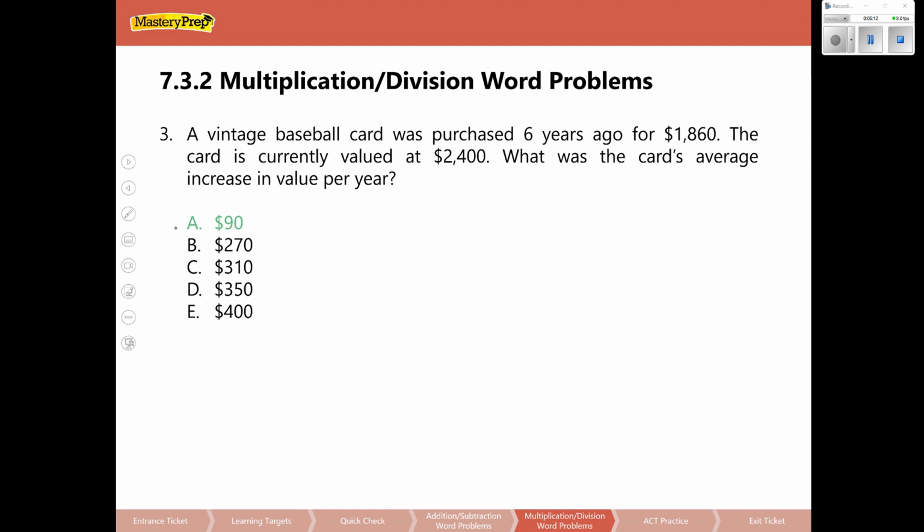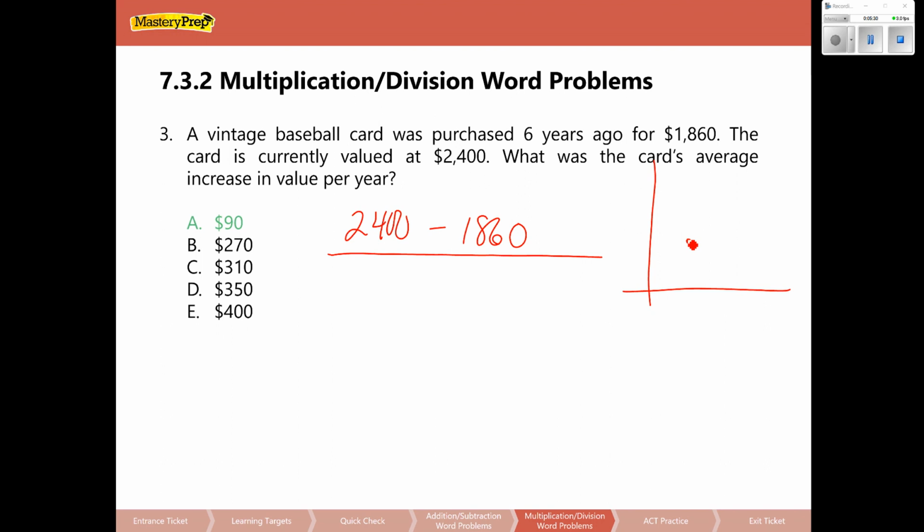Now, this is really just a change in slope. So our new value minus the old value, because that's the change in y, how much the value is going up and down. And really we're saying that the x value, because if we thought about this as a plot, we could say this point is at 1860 and this one is at 2400.